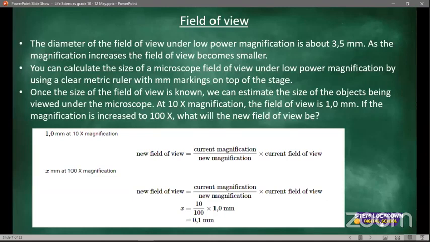So this is a smaller field of view at a higher magnification. This is to show you that as magnification increases, the field of view decreases.